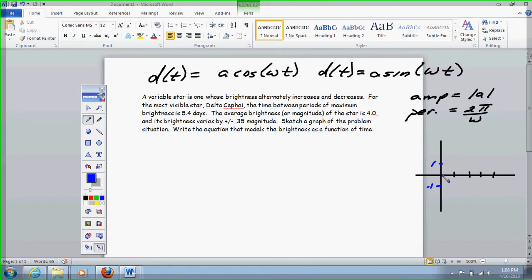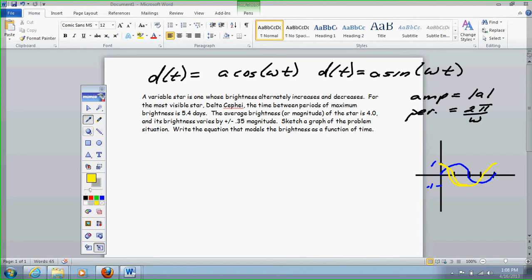The sine curve for one period looks kind of like this, and the cosine curve for one period looks like this. It really goes through that critical point right there.